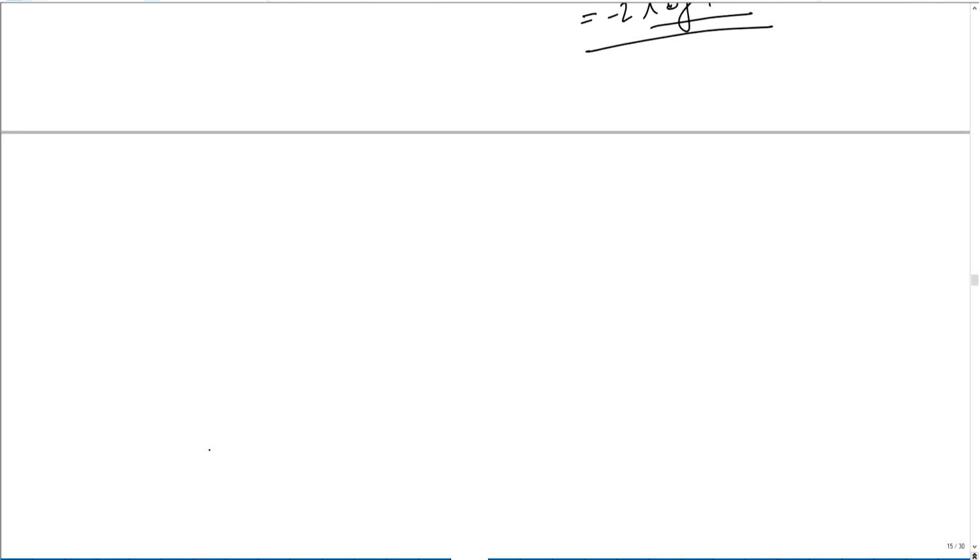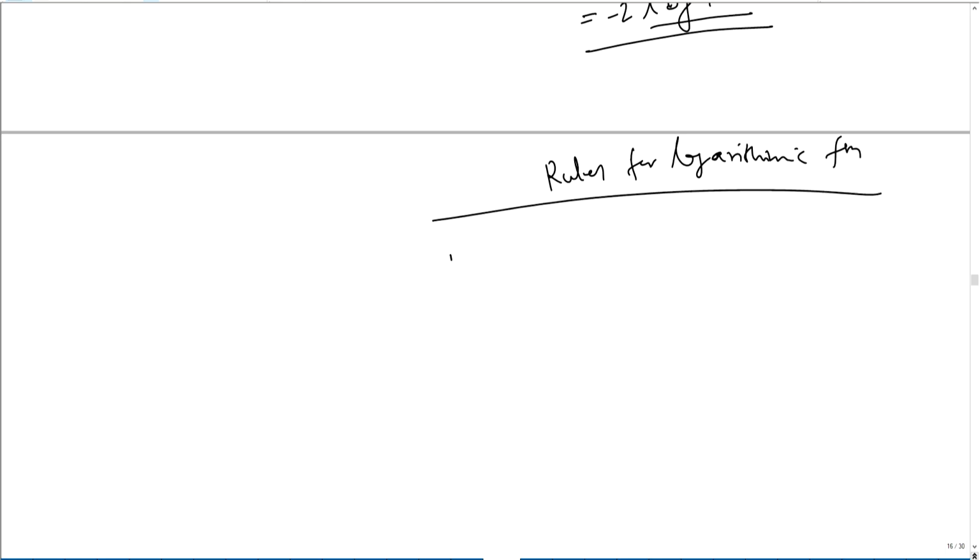Now, let us take a look at some rules or identities of logarithmic functions. Two rules we have already seen. Let us go to the third. Let us say you have two variables x and y which are multiplied with each other, and you take log of x into y.